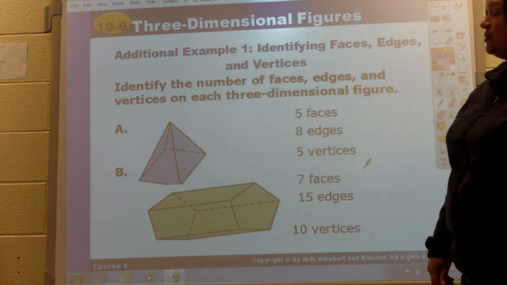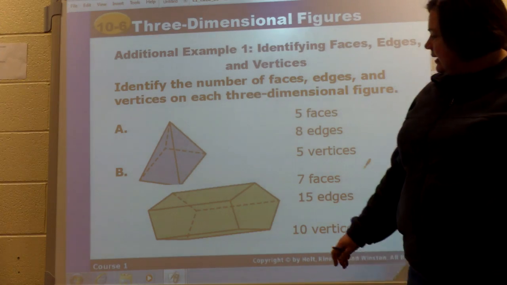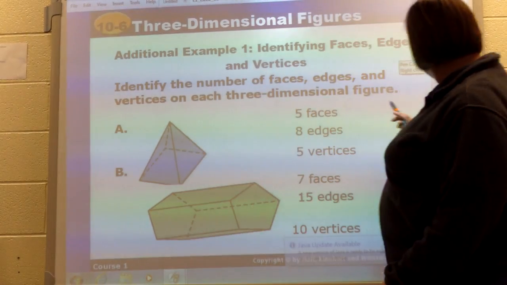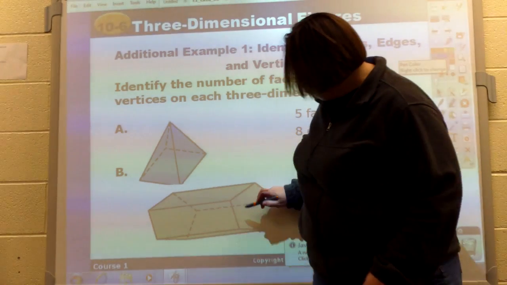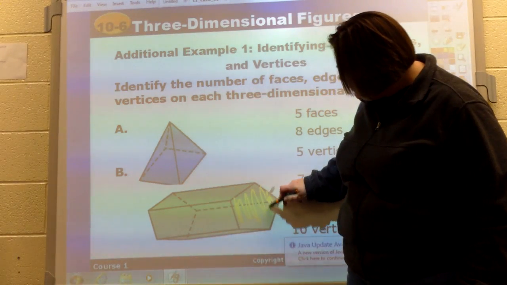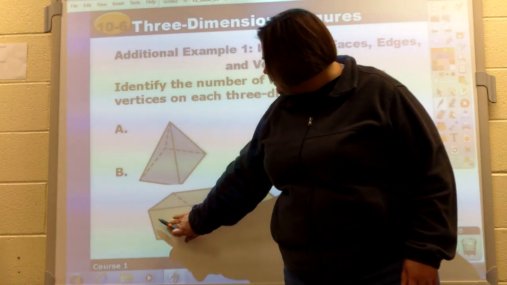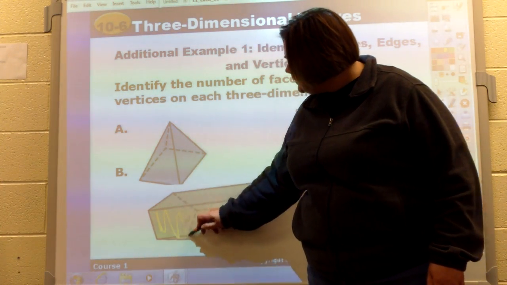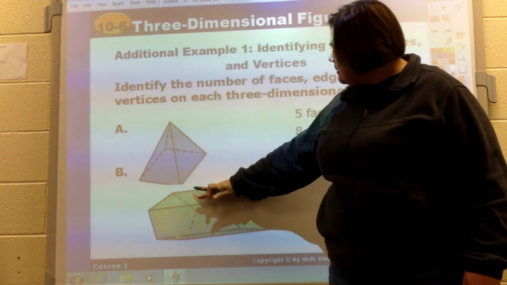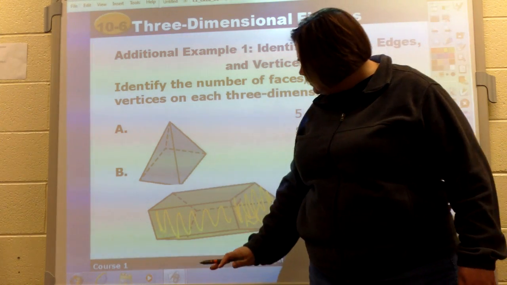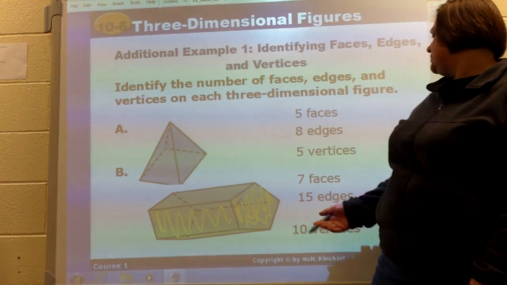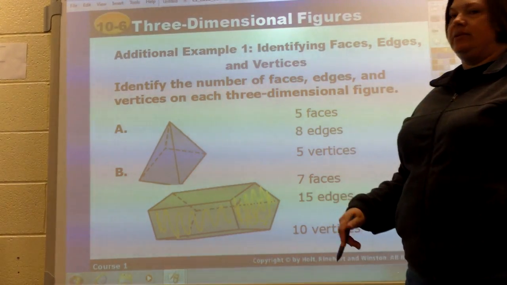For the polyhedron on the bottom, we have our faces. This front is a face. The back is a face, so that's 2. And then we have the side 3, the top 4, the back 5, then that other back 6, and the bottom would be 7.